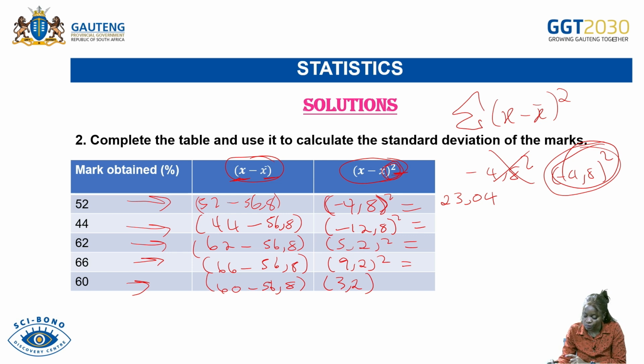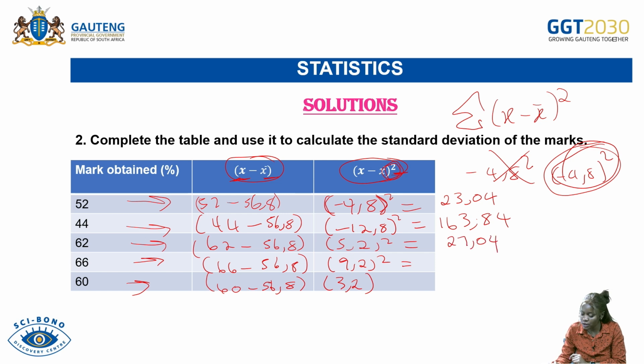And then we move to the next one. It is negative 12,8, and that is going to give you 163,84. And then we move to the third one. You have 5,2, which will give you 27,04, right?